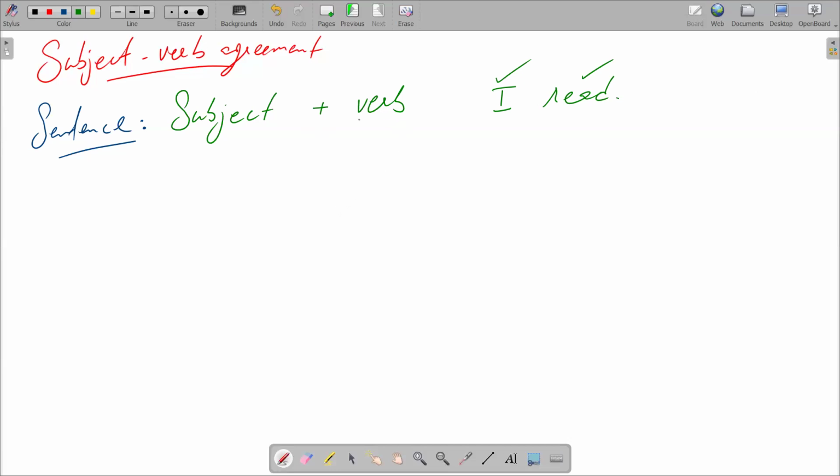Now, the verb is, of course, one of the 8 parts of speech in the English language. Do you know which part of speech the subject belongs to? Because a subject is not a part of speech, but it's going to be the word that you use for the subject.